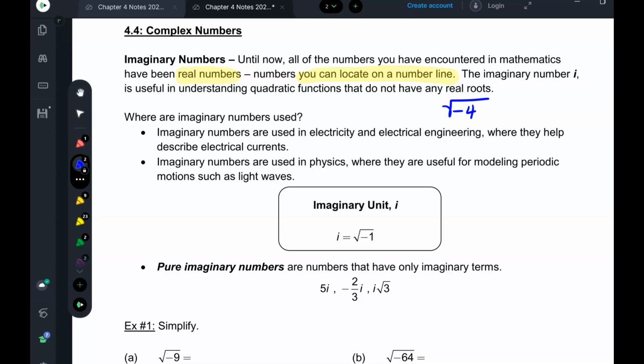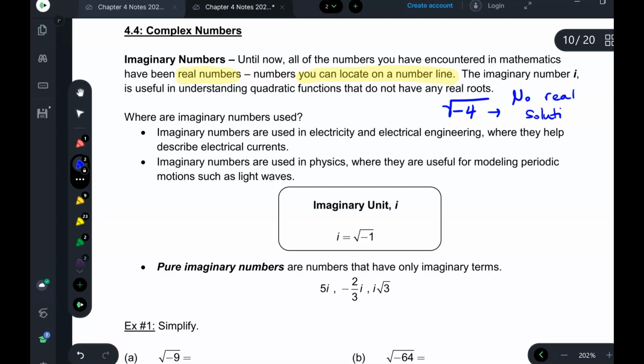So square root of negative 4, we used to say that's no solution. Really, we would say there's no real solution. If you were to plug in square root of negative 4 in your calculator, it would get an error because your calculator is operating with real number systems.